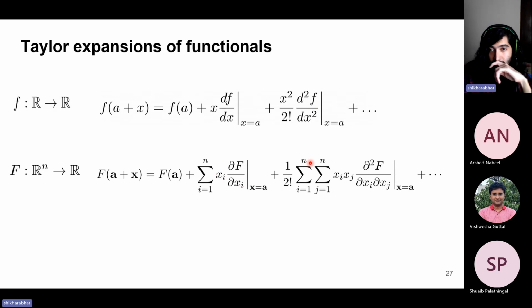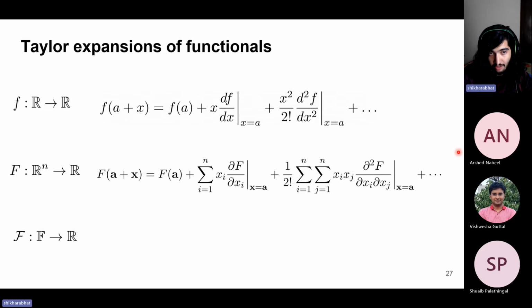And the higher order term looks similar. Now we have mixed derivatives, which is why there are two summations and things look a little scarier. And you have more and more summations as we go to higher orders. This gives us a clue for what we should have for functions.